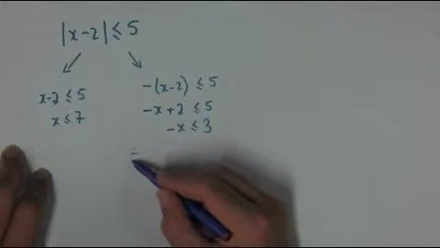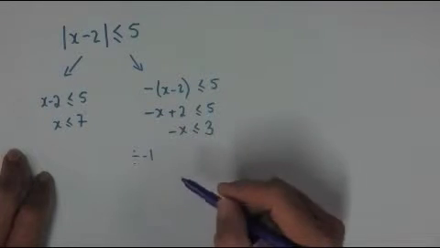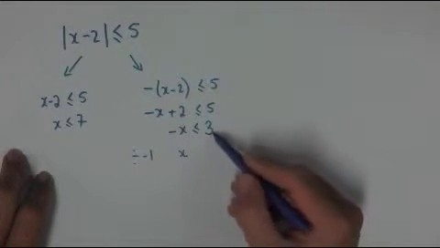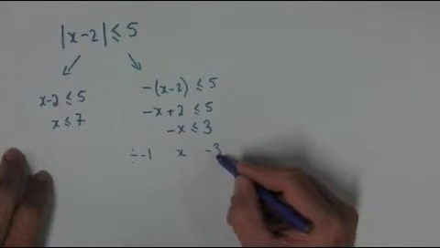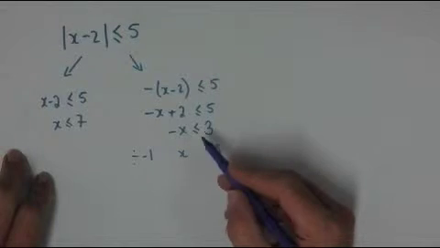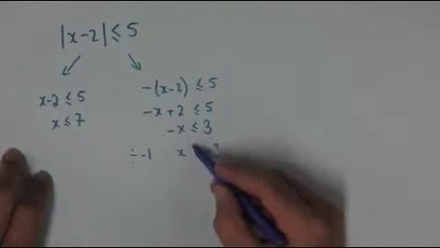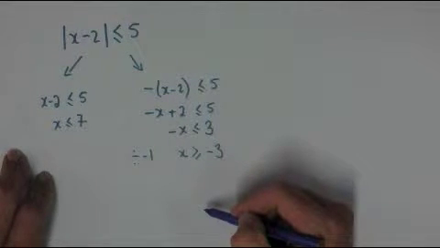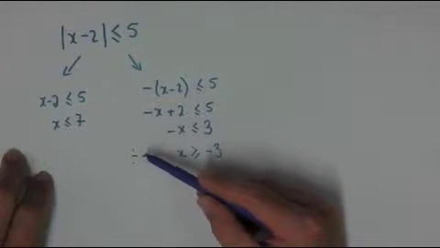So if I divide by minus 1 in both situations here, that becomes a positive. 3 divided by negative 1 becomes negative 3. And my sign now, instead of being a less than or equal to, gets reversed around the other way. So it becomes greater than or equal to negative 3.